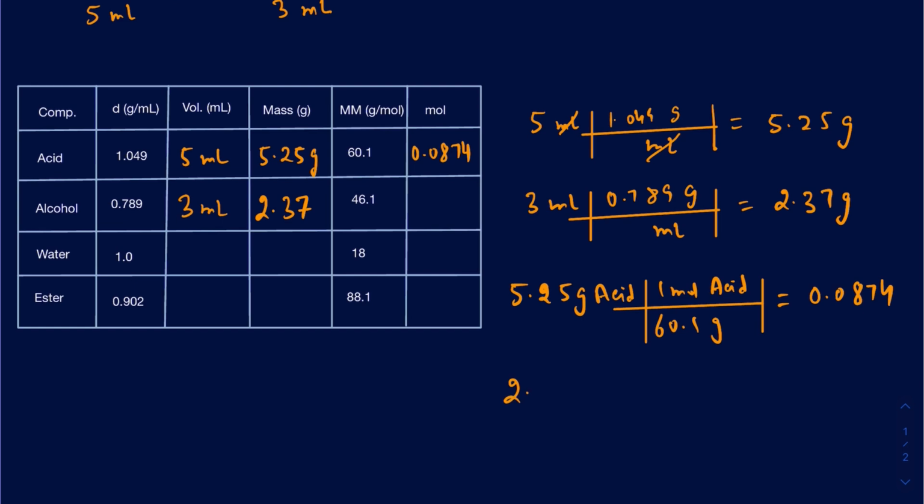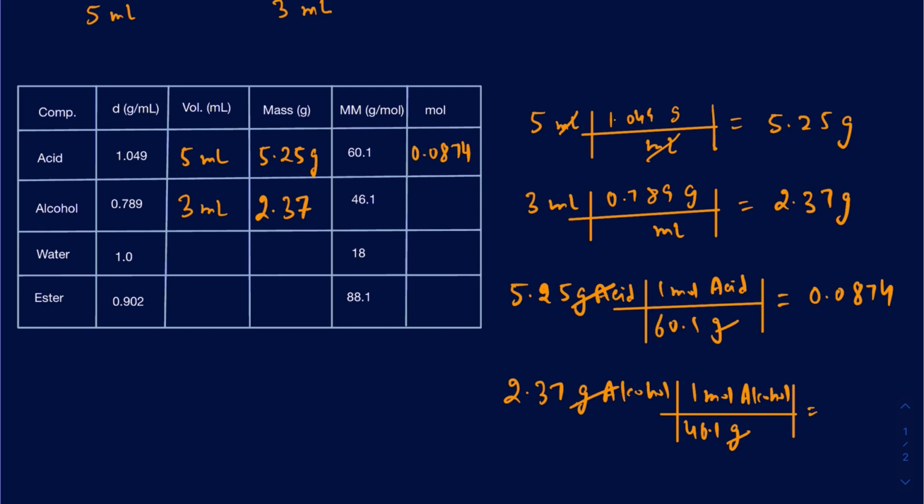And I'll have something similar for the alcohol as well. So we're using 2.37 grams of your alcohol. And then I want to go ahead and use the molar mass, which is 1 mole of your alcohol divided by 46.1 grams of your alcohol. That way your grams cancel out.